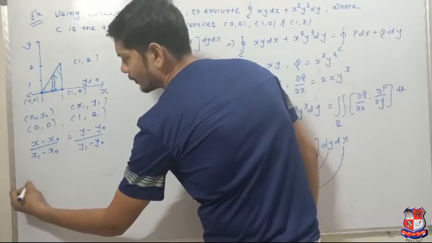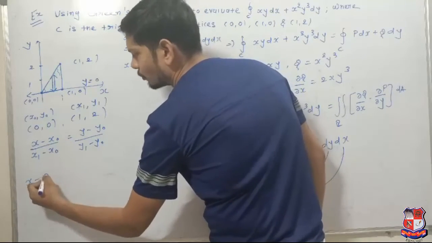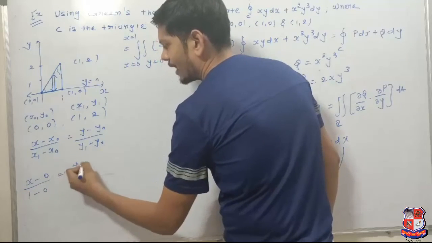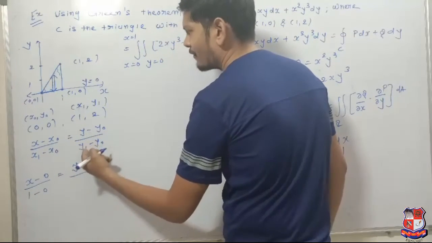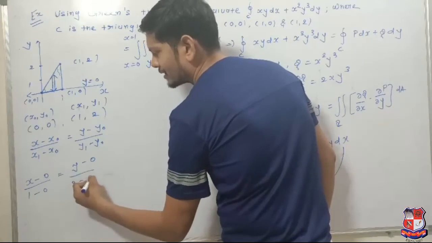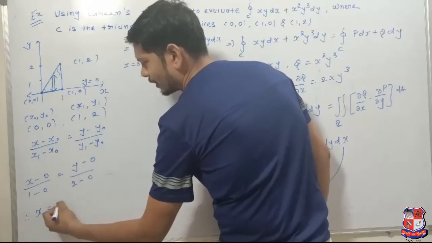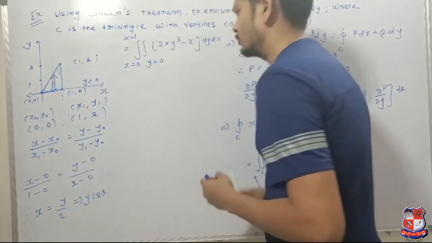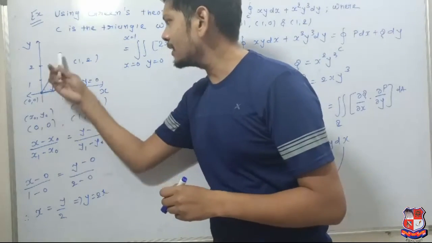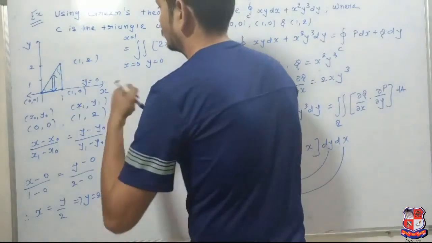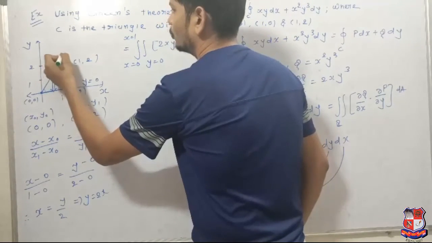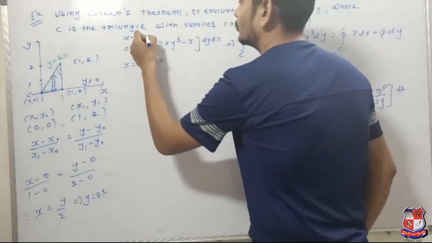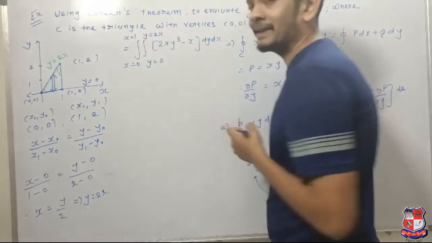So x minus 0 upon 1 minus 0, similarly y minus 0 upon 2 minus 0. x upon 1 is x, y by 2. So therefore we can write y is equal to 2x. So now this strip touches this line, and this line is nothing but y is equal to 2x. So our limit will be y is equal to 2x.